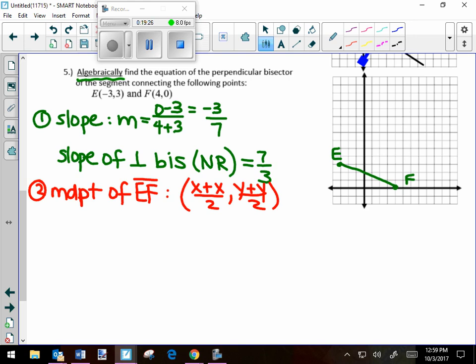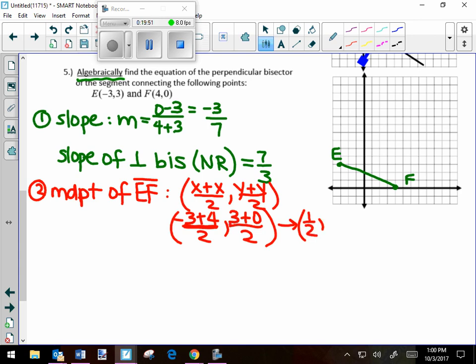When I do the midpoint formula, which is add the x's, divide by 2, add the y's, divide by 2, I am adding x's of negative 3 plus 4 and y's of 3 plus 0, divided by 2. Negative 3 plus 4 is 1, divided by 2.